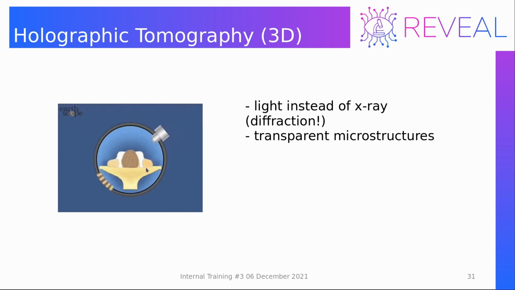In principle, we have our object that we are interested in, and we capture a set of projections from different angles. We don't use X-rays, we use light, and we don't measure whole people, but we analyze microstructures, transparent phase microstructures like biological cells.